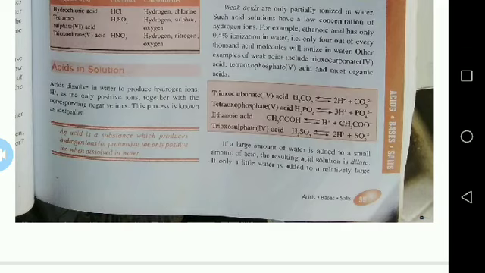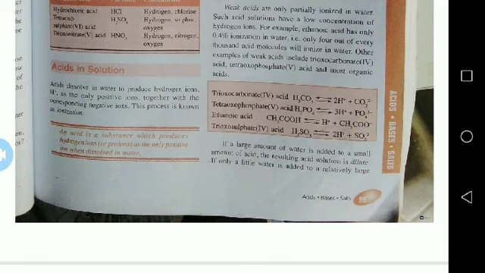Examples are hydrochloric acid, HCl, obtained from the combination of hydrogen and chlorine; tetraoxosulfate 6 acid, obtained from hydrogen, sulfur, and oxygen; and trioxonitrate 5 acid, obtained from hydrogen, nitrogen, and oxygen.